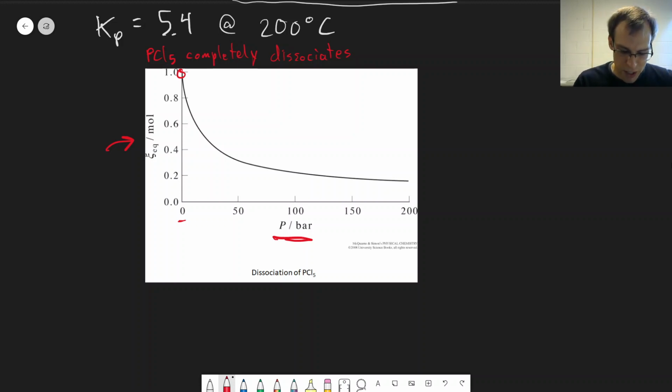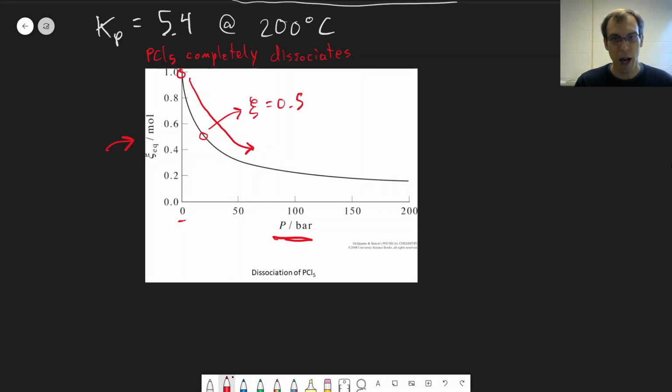As we keep increasing the pressure, this is Le Chatelier's principle in action. The equilibrium shifts more and more to the left, meaning that our extent of reaction decreases. Somewhere between 20 and 30 bar, Xi is only equal to approximately 0.5.